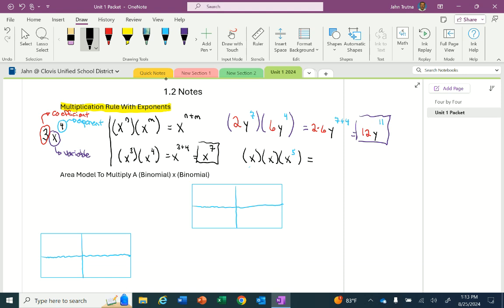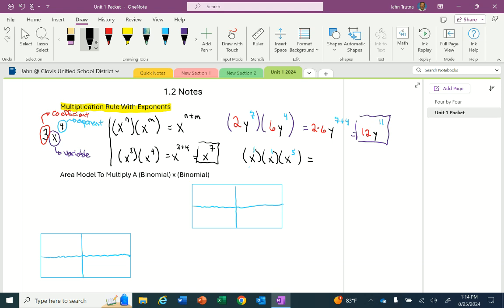It's invisible, and it's invisible as a 1. So this first x has an exponent of 1, and the second x has an exponent of 1. If you don't see an exponent, you have to know that the exponent is a 1.